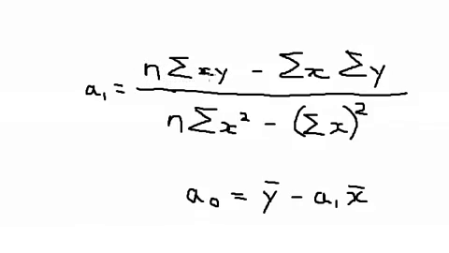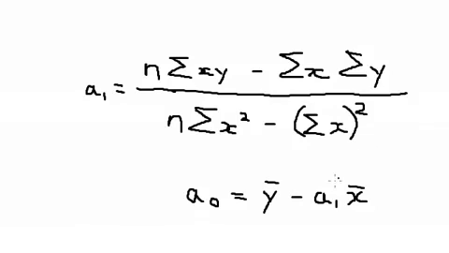So basically, what this is telling us is the number of data times the sum of the product of the x and y values, minus the sum of the x values times the sum of the y values, over the number of values times the sum of all the x values squared, minus the sum of all the x values all squared. This will give us our gradient essentially.